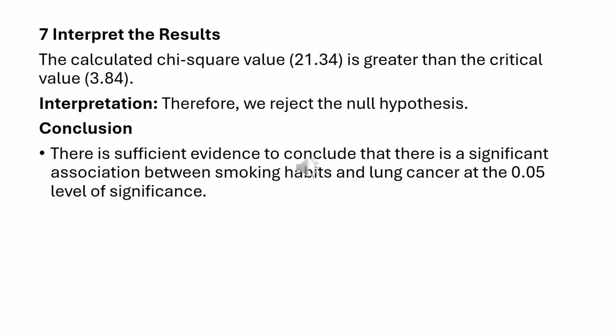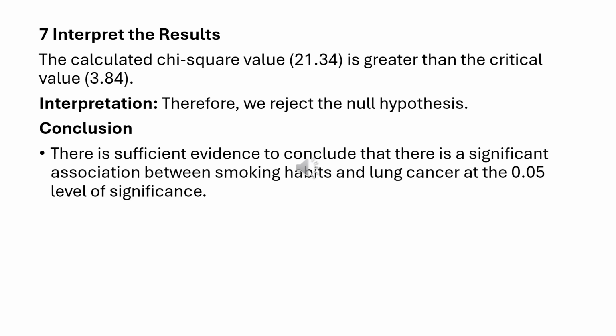The observed frequencies are shown in slide number 3 and the expected frequencies in slide number 4, and using these we calculate the chi-square value. Next we determine the degree of freedom, and finally we compare the chi-square value with the critical value.